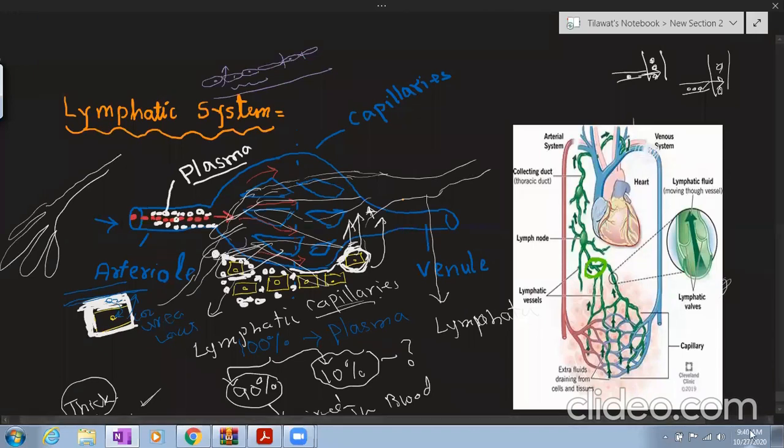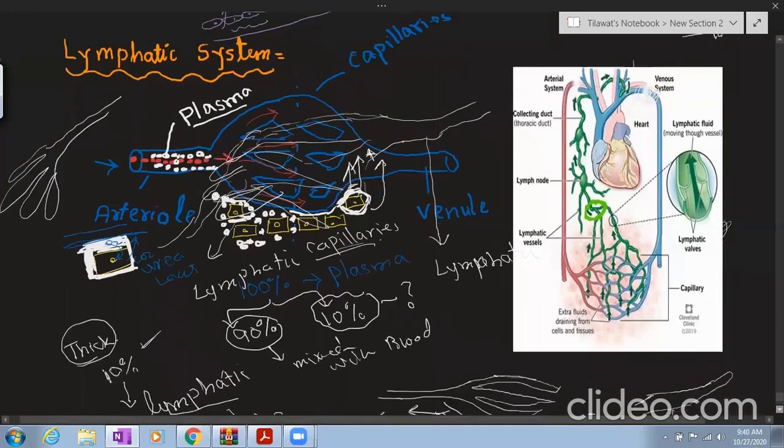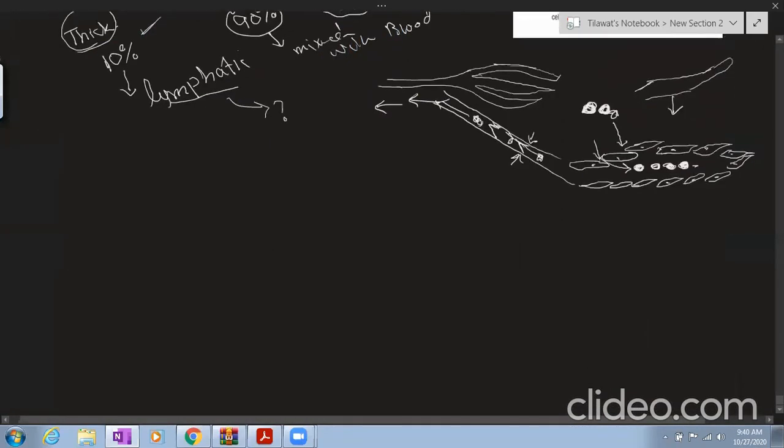Remember, boys, whenever this lymph is going through your lymphatic vessel, on the way it will pass through different specialized structures. Many specialized structures are there in your body. That is called what? Lymphatic node.